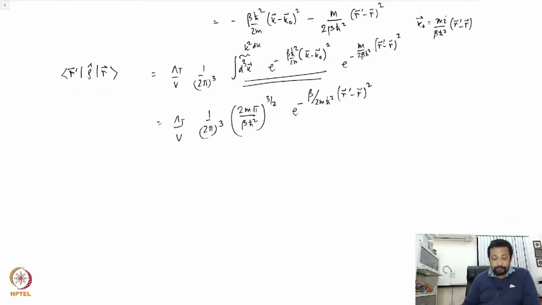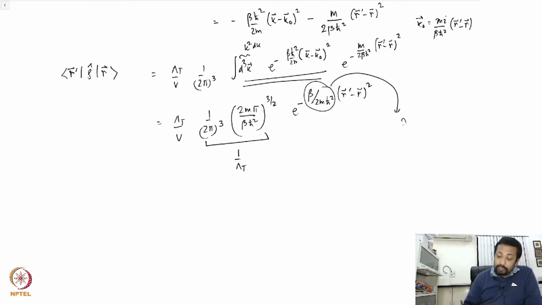Now, of course, it involves a certain amount of algebra. If you carefully look at this, then this is just 1 over lambda t, right? Just simplify this, then you will see that this is going to be 1 over lambda t, and this quantity that you see over here is going to be lambda t, where lambda t whole cube is going to be capital lambda t.